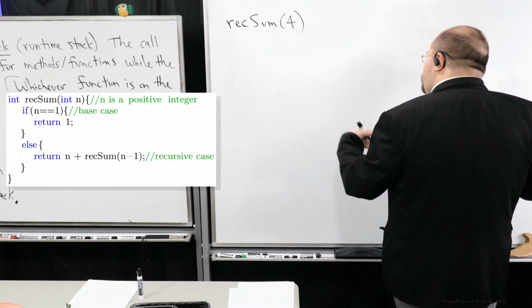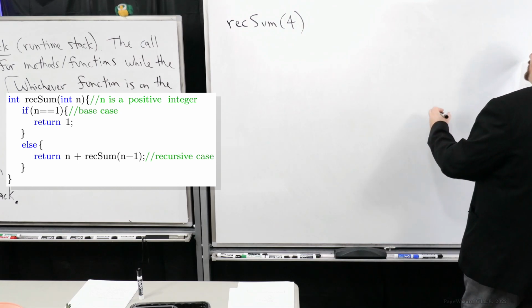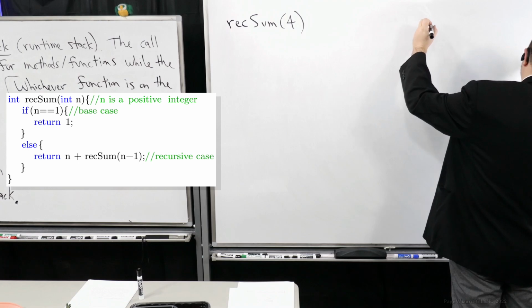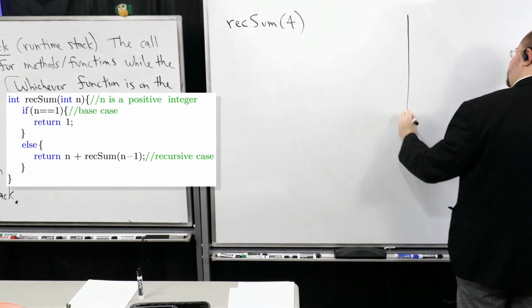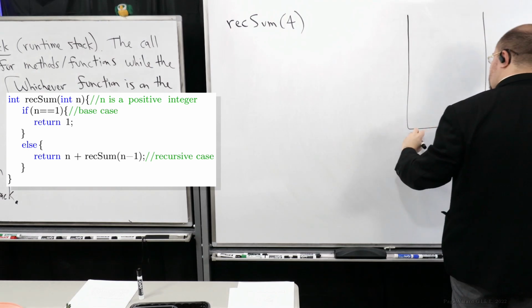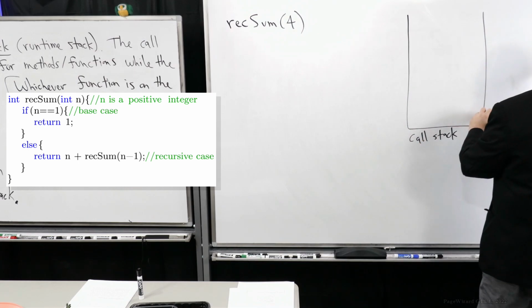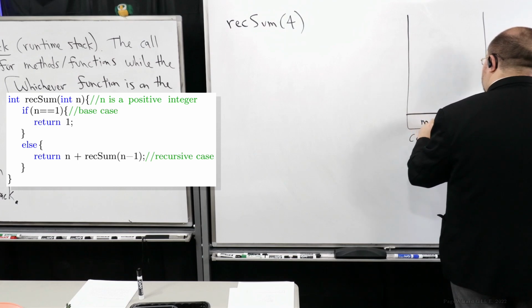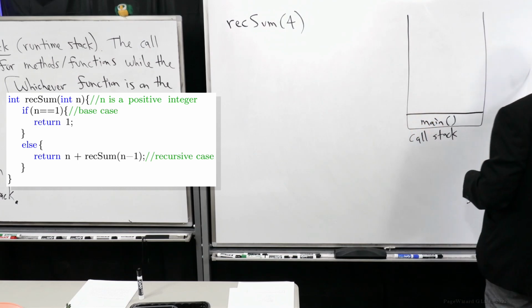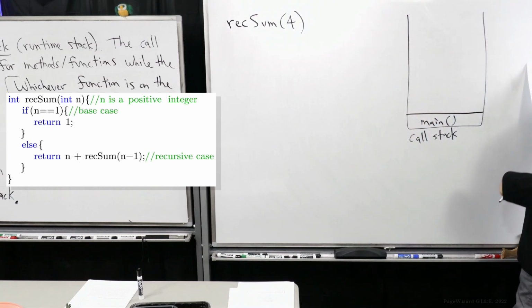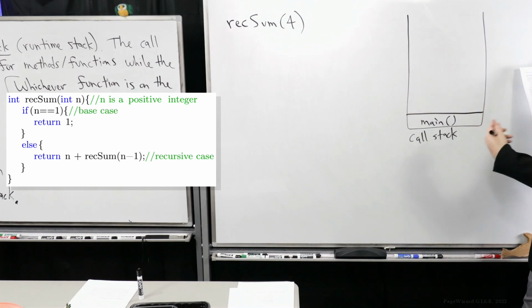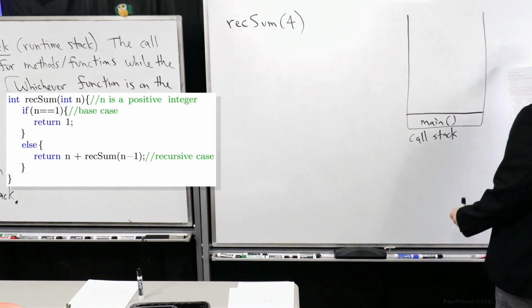Well, your initial program, when you execute it, you'll start off with the main function, right? So you're going to have a call stack. So here's your call stack. It starts off by executing main. And then somewhere in the main, it executes rec sum 4.